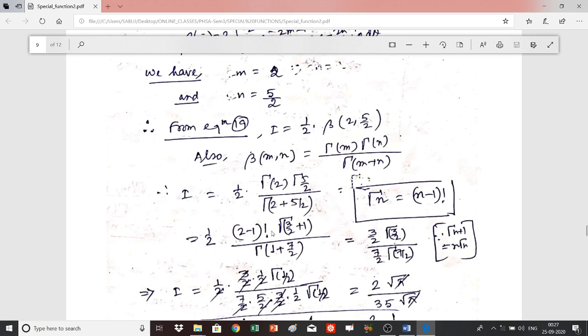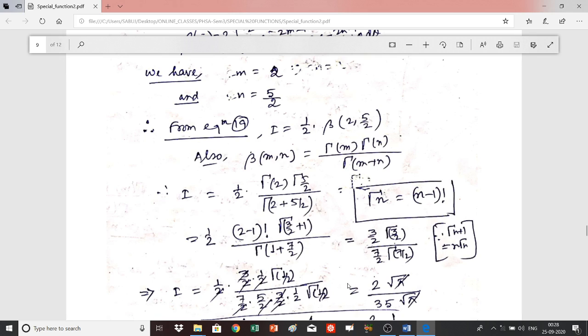That is equal to half, and then from here there will be 1, and from here 3 by 2, because you know that gamma n plus 1 is equal to n gamma n. So 3 by 2 gamma 3 by 2, and here 7 by 2 gamma 7 by 2.